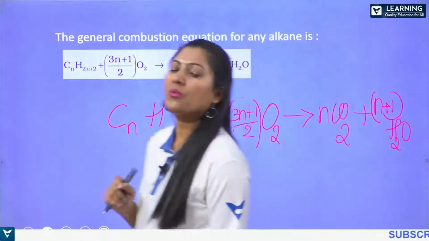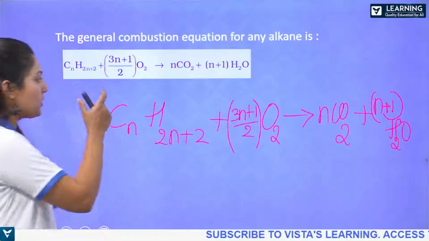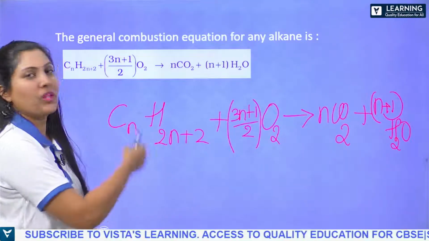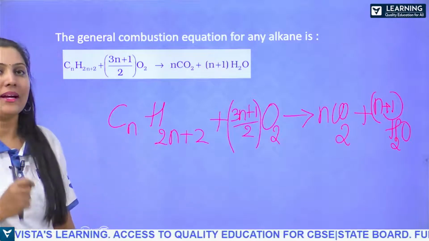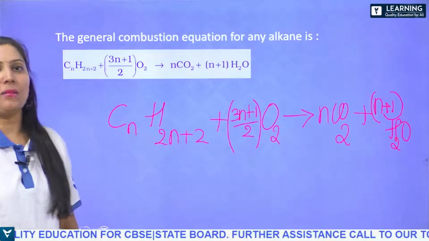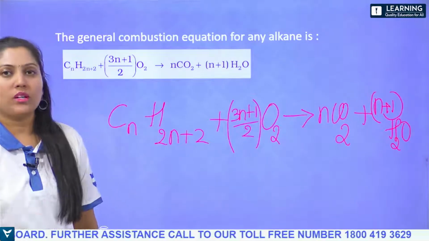This is what we get as the general combustion equation: CnH2n+2 plus 3n plus 1 by 2 oxygen molecules leads to n carbon dioxide molecules and n plus 1 water molecules.